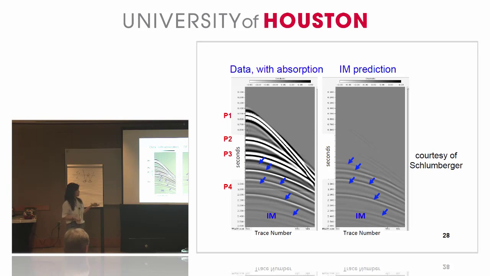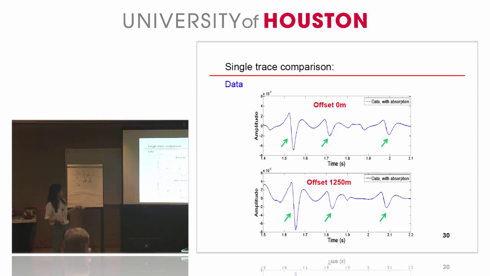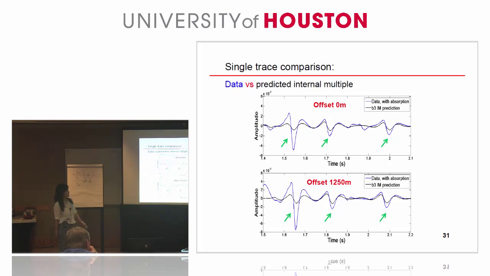Now we extract 2 traces to see detail. One trace is a 0 offset, and the other is a 5 offset data. So this is the original data, and these green arrows are pointing to the first order internal multiples, and this is the prediction result.